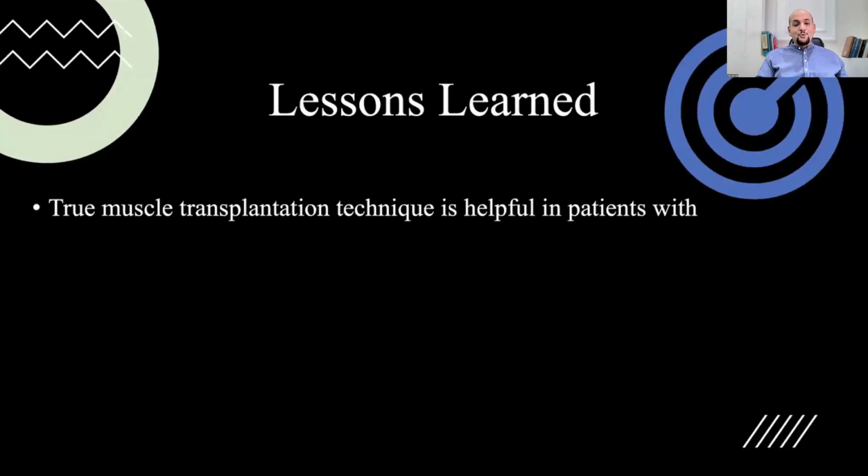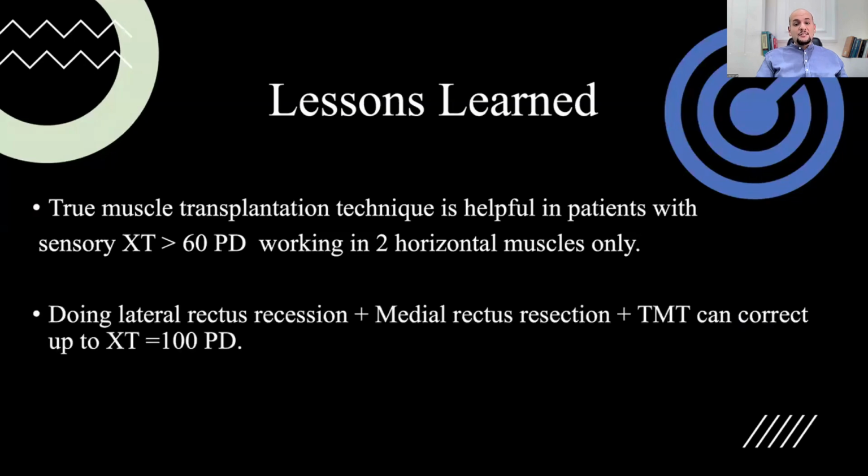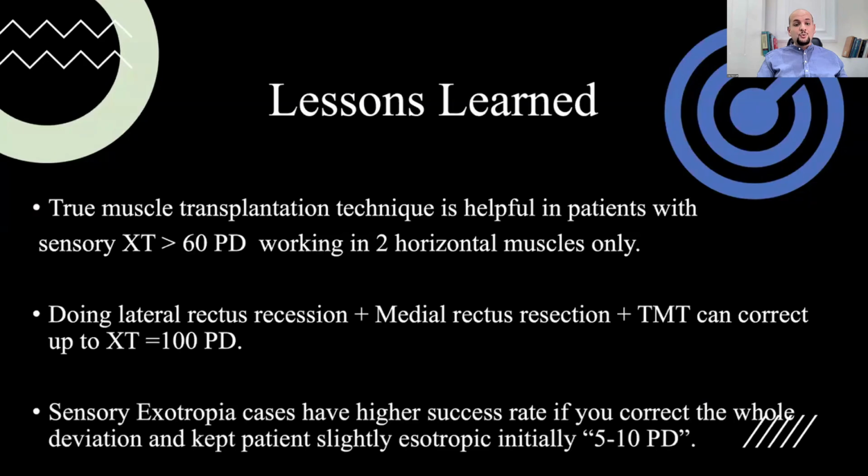Lessons learned: true muscle transplantation technique is helpful in patients with sensory exotropia of more than 60 prism diopters, working only on two horizontal muscles. Doing LR resection with MR resection and true muscle transplantation can correct up to 100 prism diopters of exo.